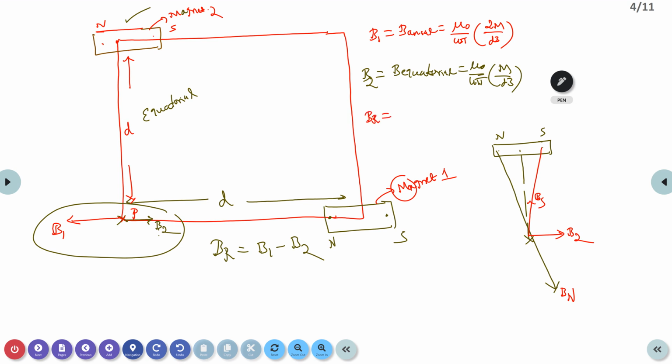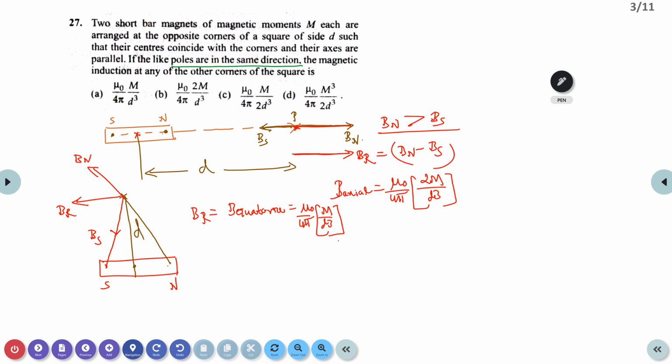Resultant magnetic field equals mu naught upon 4 pi into m divided by D cube into bracket 2 minus 1. This equals mu naught upon 4 pi into m divided by D cube. This is the right answer.